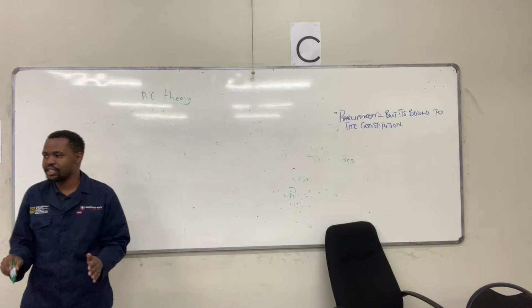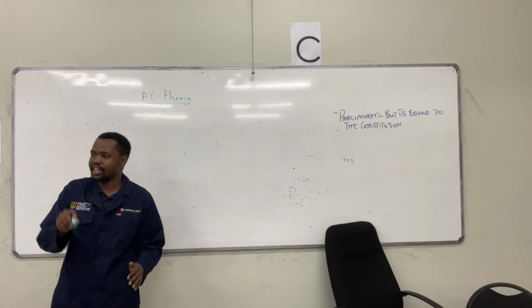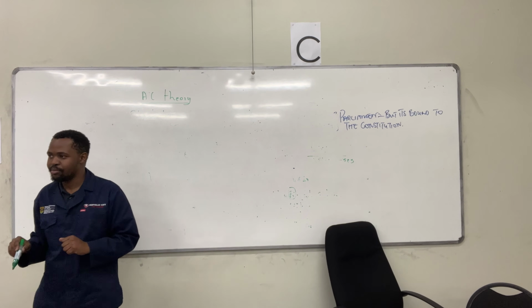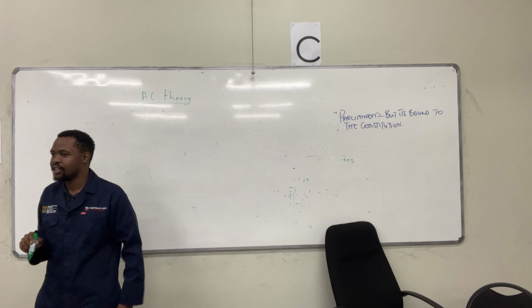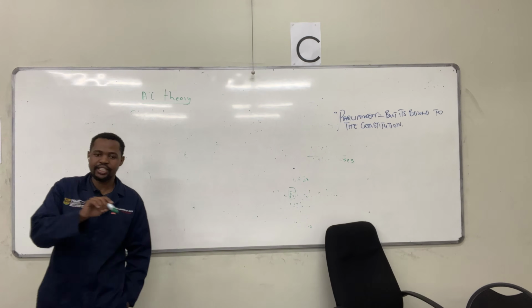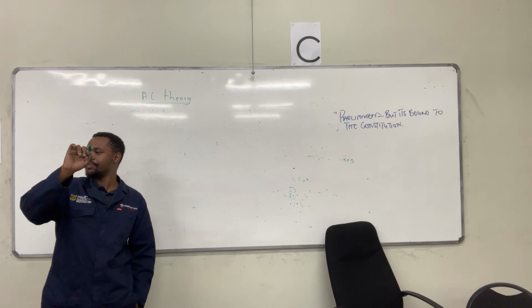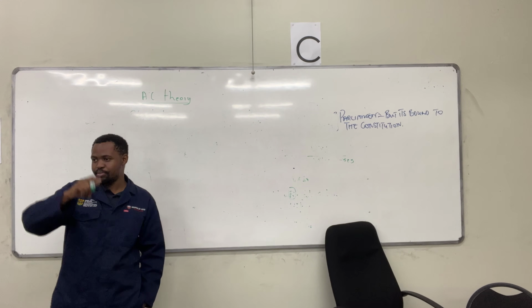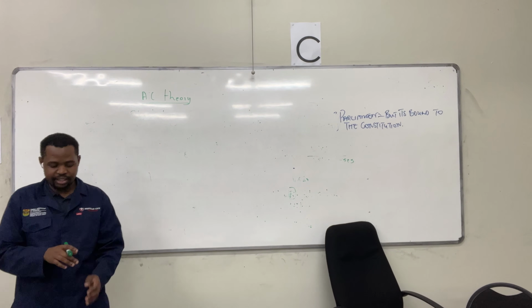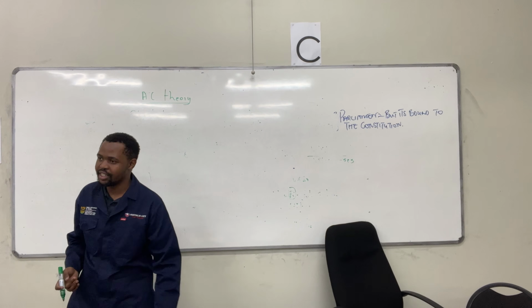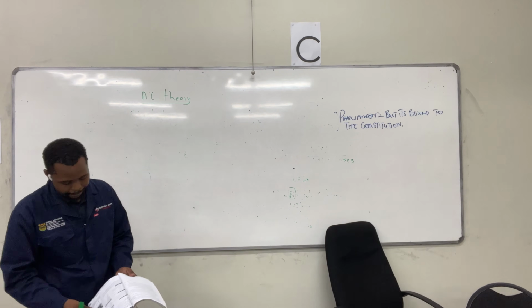If the voltage is sinusoidal, obviously the current will also be sinusoidal, at least according to Ohm's law, because if the voltage is increasing sinusoidally, it means the current must also be increasing, because if voltage increases, current increases.